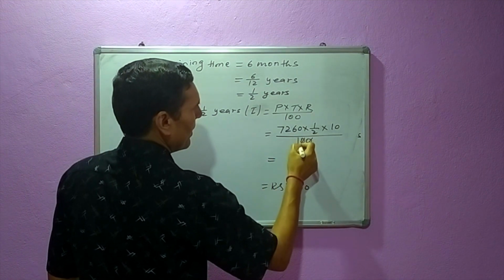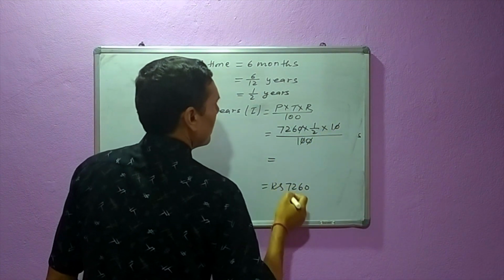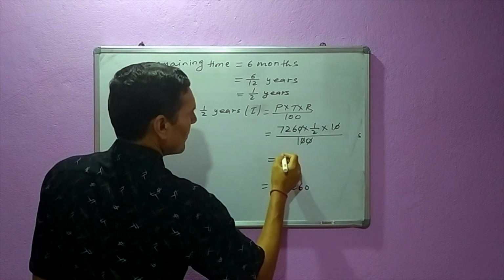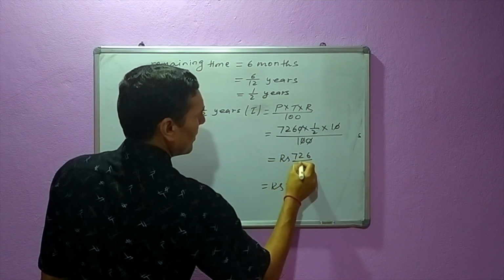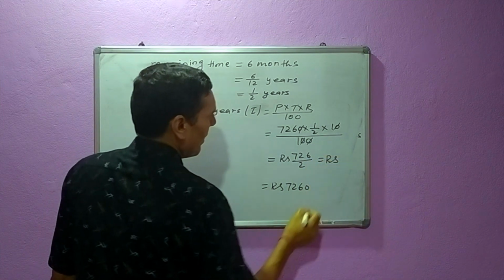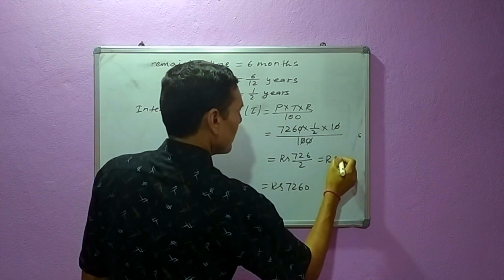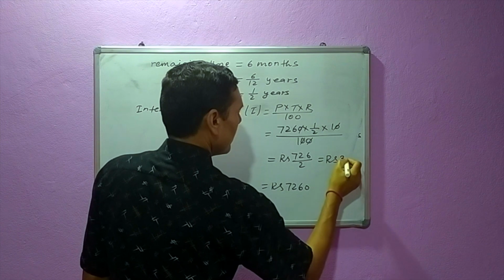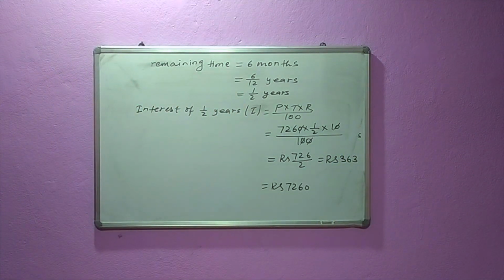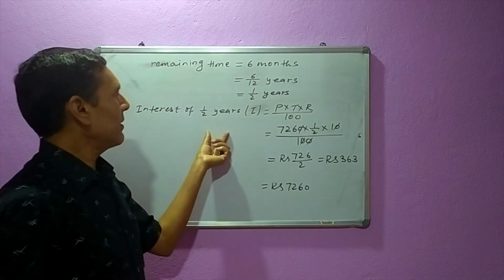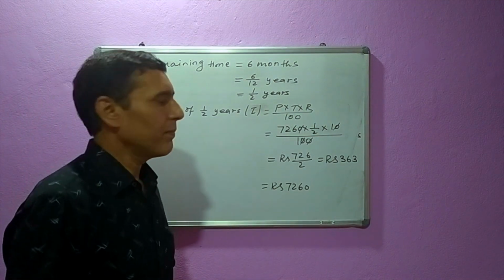So from this we get rupees 726 upon 2, that is 363. So this is the interest of the last 6 months, half year.